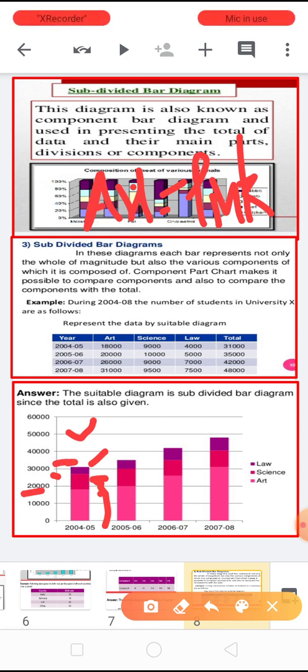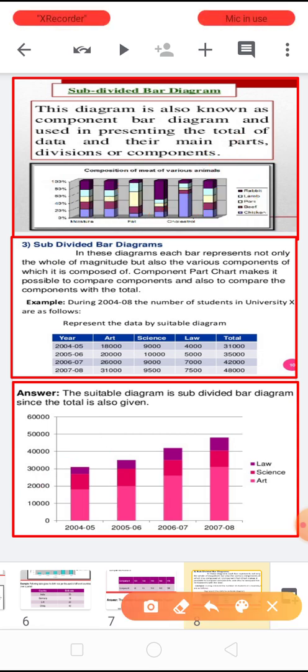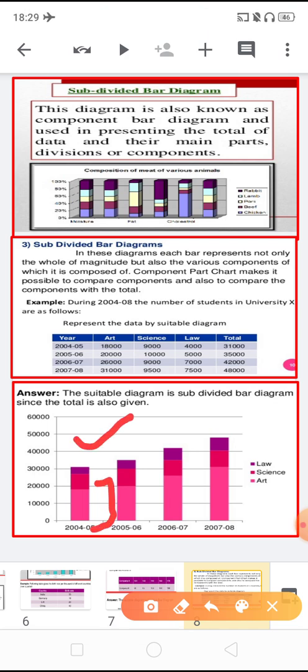So this is the way you represent the subdivided bar diagram, in which the part value as well as the total value of any given data is represented in a single bar. This is called a subdivided bar diagram, in which the total value as well as the part value are represented simultaneously.